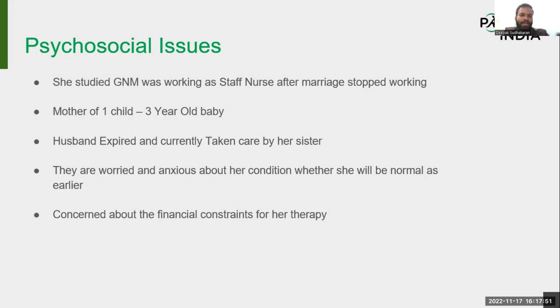Her husband died in an accident. Currently, she's being taken care of by her sister. The family is worried and anxious about her condition, whether she will be normal like before, and of course, financial constraints. Now with a 3-year-old baby whose life has just started, and she is currently not working, how are they going to address these issues?